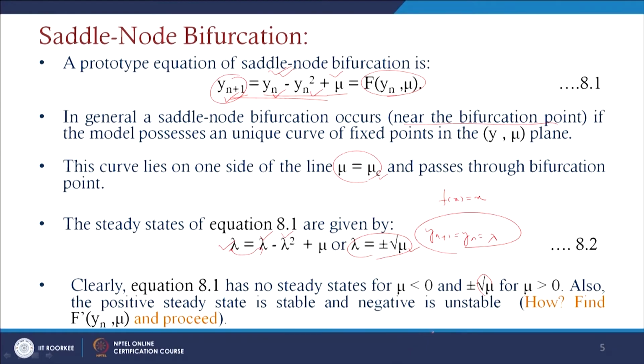This means that if you take the derivative, that is f dash of y n, mu, the first derivative with respect to y n, we get 1 minus 2 y n plus mu, and we can proceed to find the stability condition.